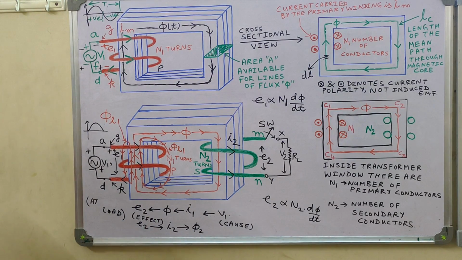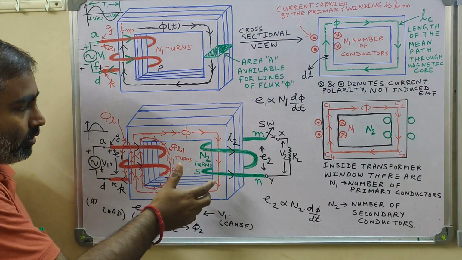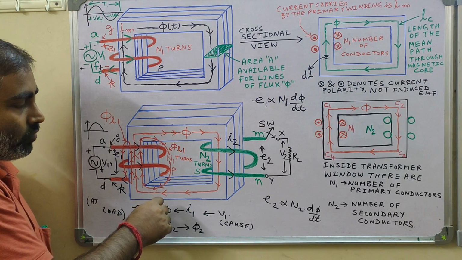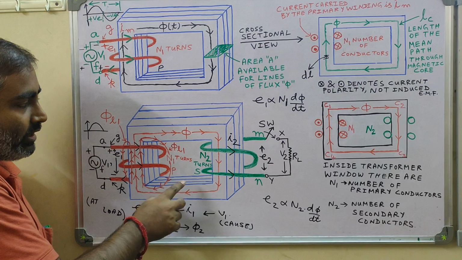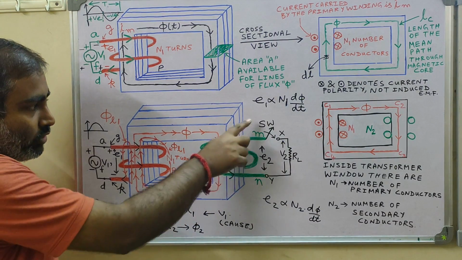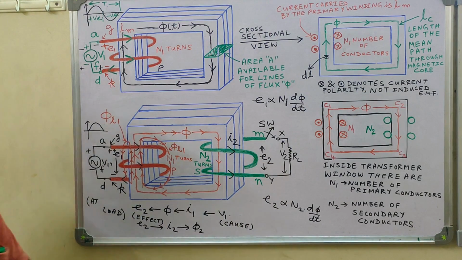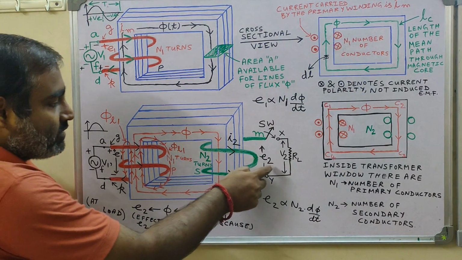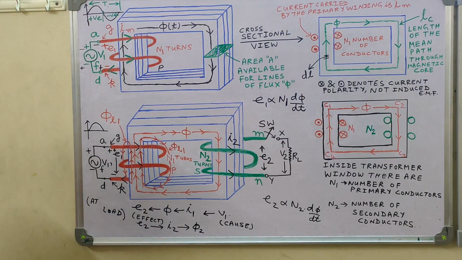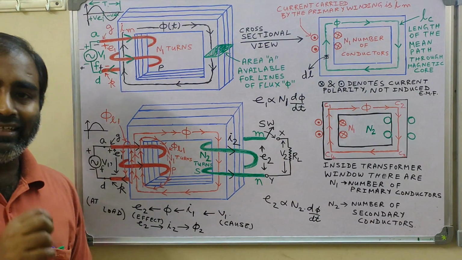Now once we have given the direction of current which should be there in the secondary coil when the switch SW is closed, our next step is to give the plus minus sign for the induced EMF E2 in the secondary coil. Now this secondary coil will be a seat of EMF.